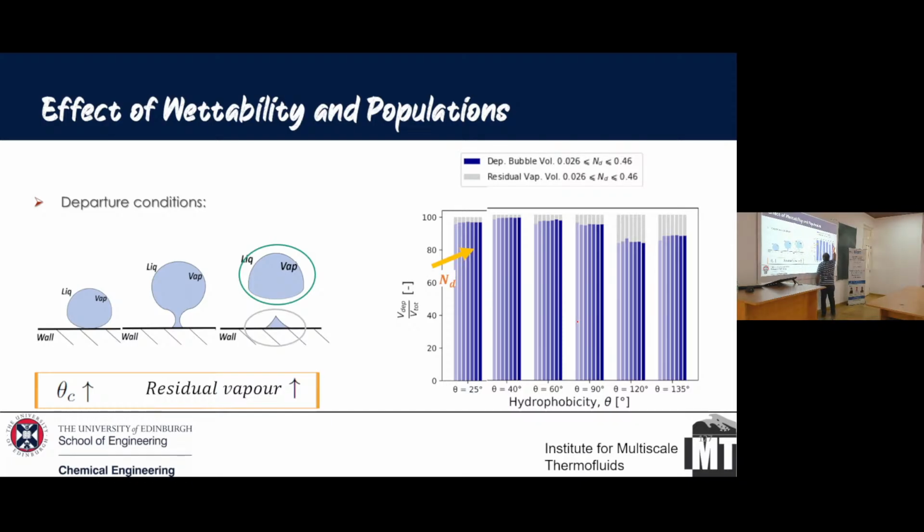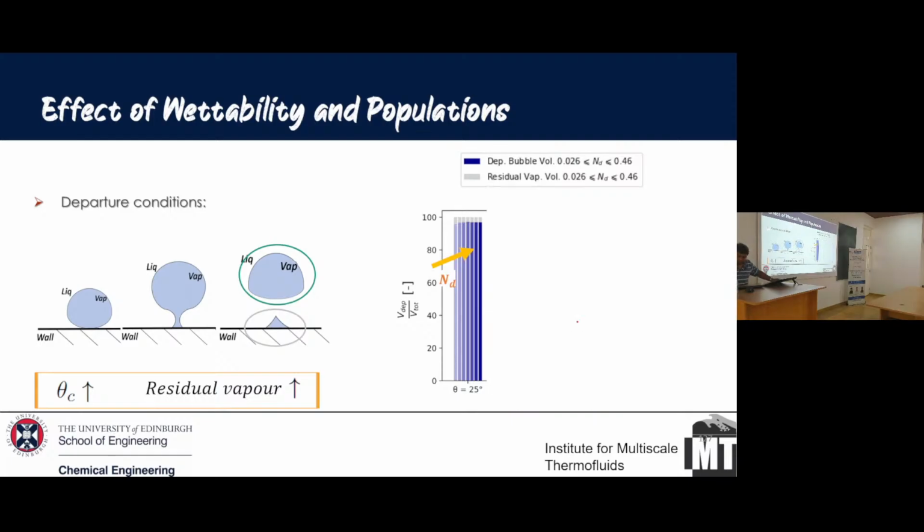This is important because it regulates the heat transfer coefficient, or the heat transfer resistance offered by the film. If you increase your contact angle in this case, the amount of residual vapor increases. This is also intuitive, obviously: if you increase your hydrophobicity, you'll have more gas on your surface.